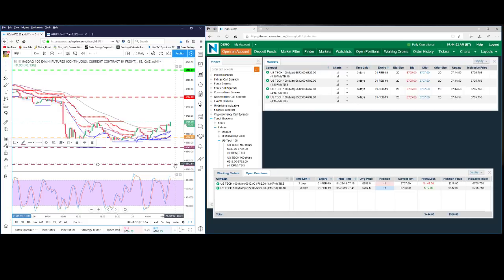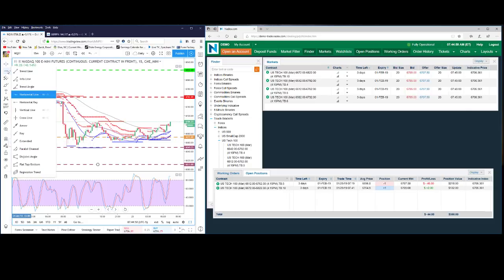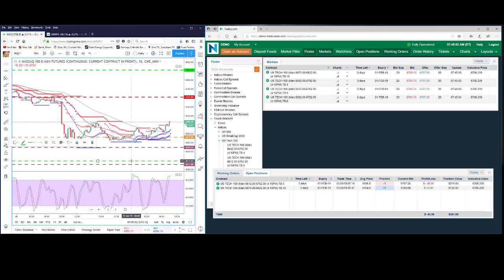This one is 6612. And so this is on the short side, which is actually right where the support area is as well.